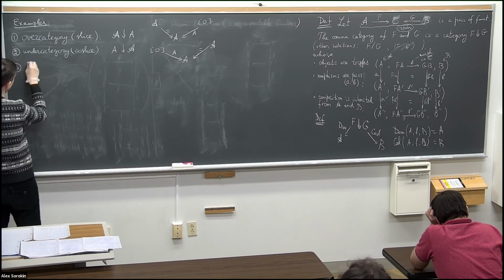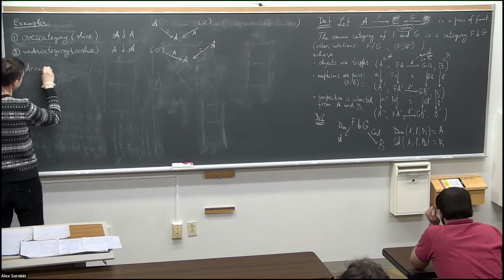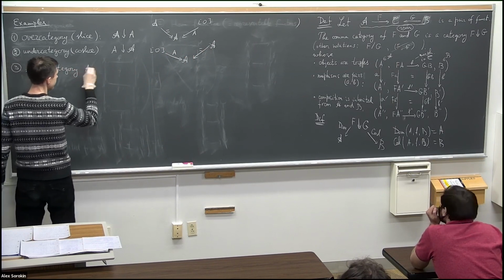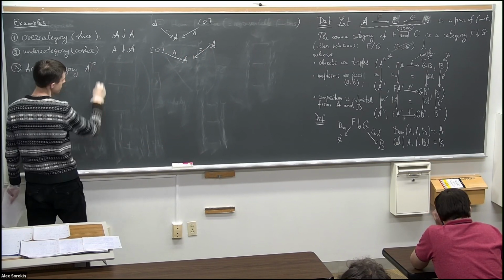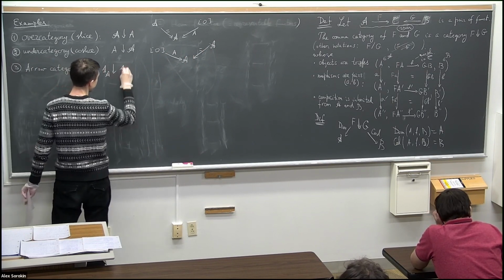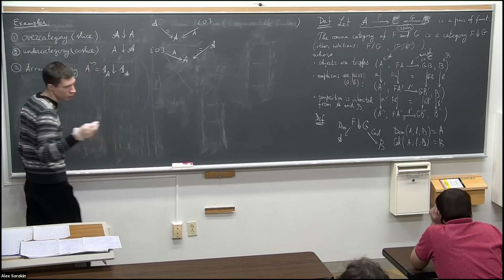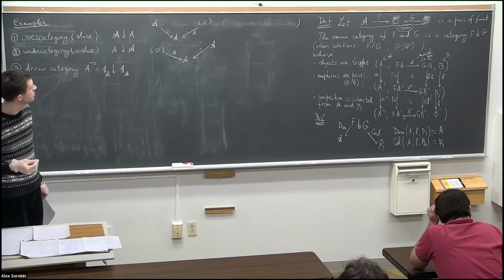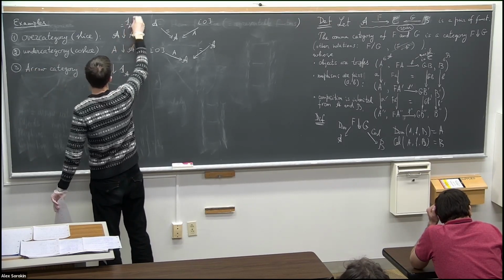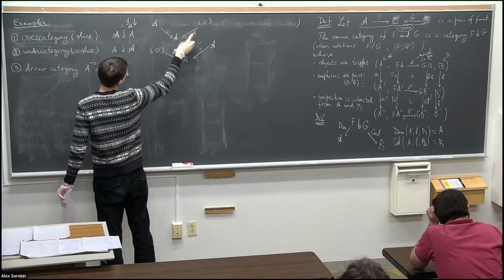It's the arrow category. This also you could call identity A, comma, and this functor.